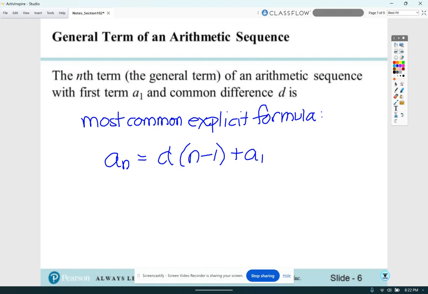And that'll hold true for all of them. And remember, that's adjustable. If you don't want to use the first term here, you can change the number here. Okay, but that's the one we're going to use the most often when we're dealing with arithmetic sequences.